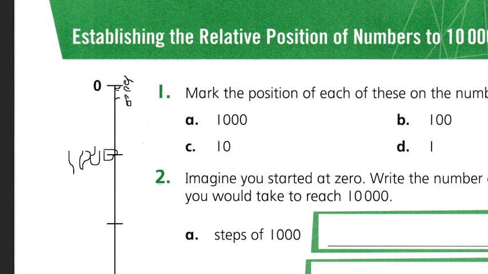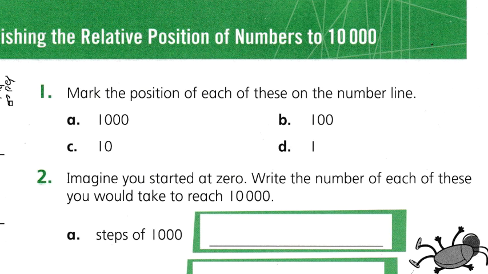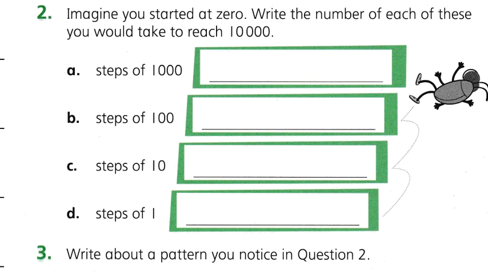Okay, so next question is, imagine you start at 0. Write the number of each of these steps you would take to reach 10,000. So if you were taking steps of 1,000, you would be taking 10 of them.